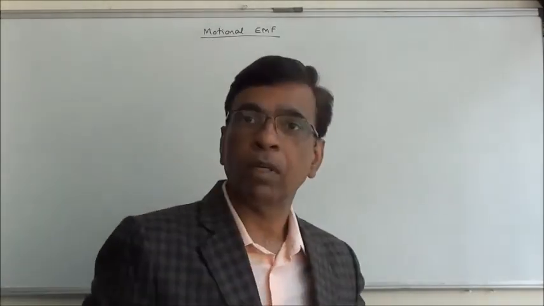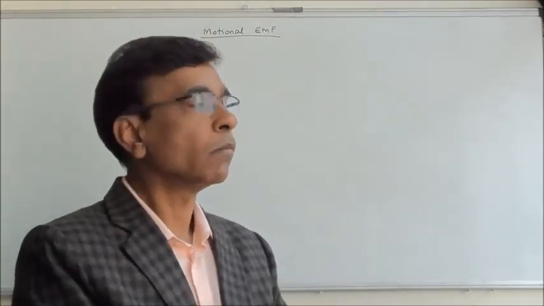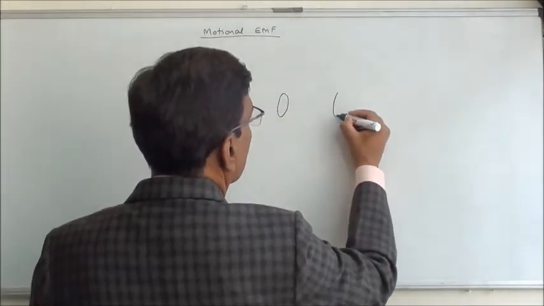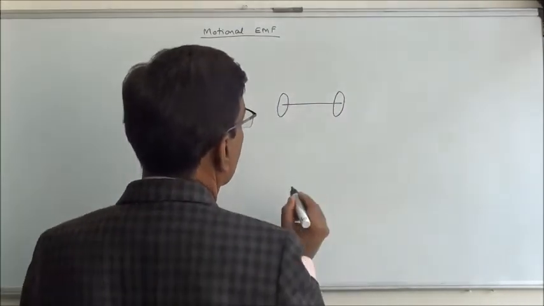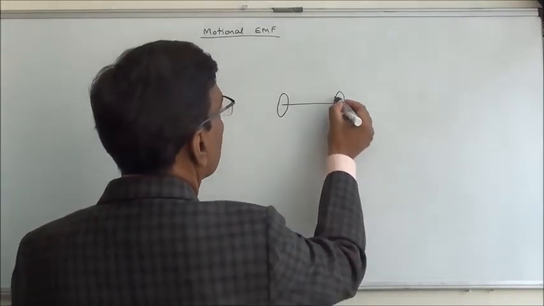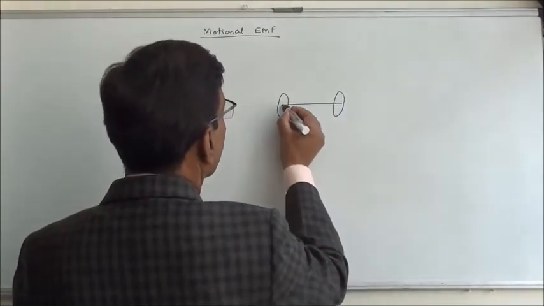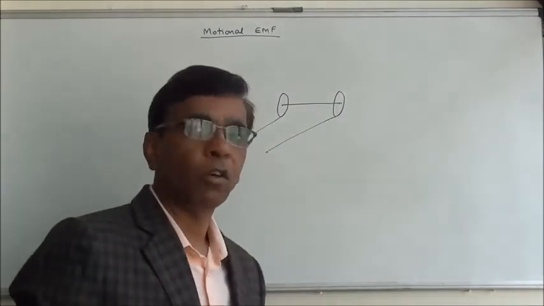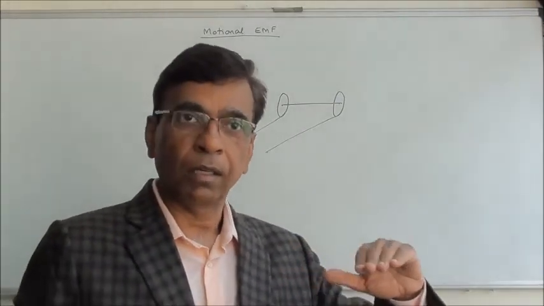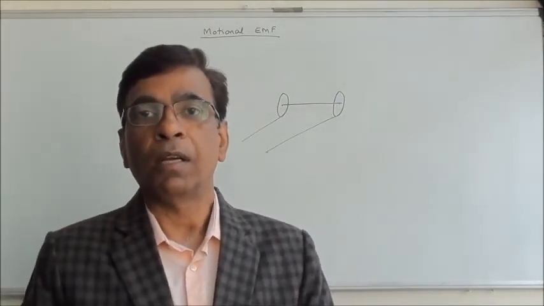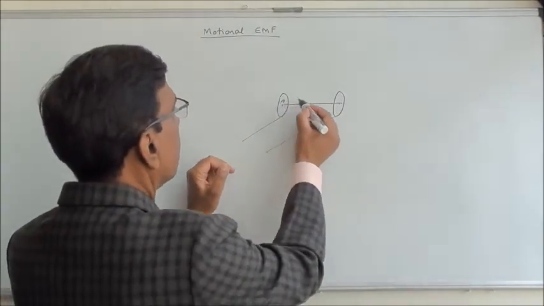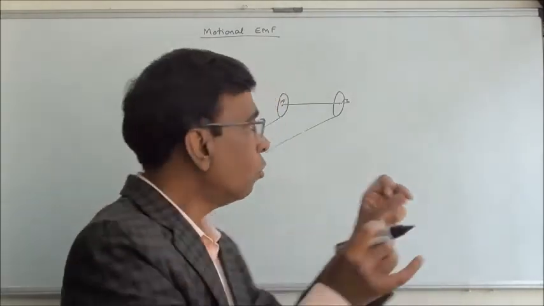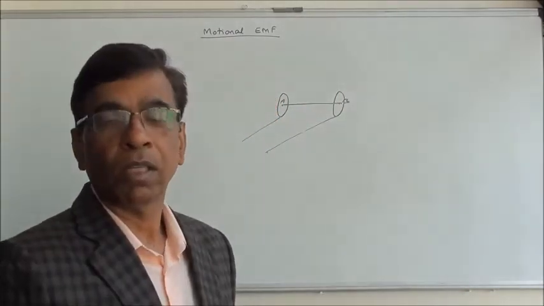Sometimes we are given problems like a very common problem asked in exams: a train is moving on the rails, and what is the EMF developed at the two points A and B on the axle?